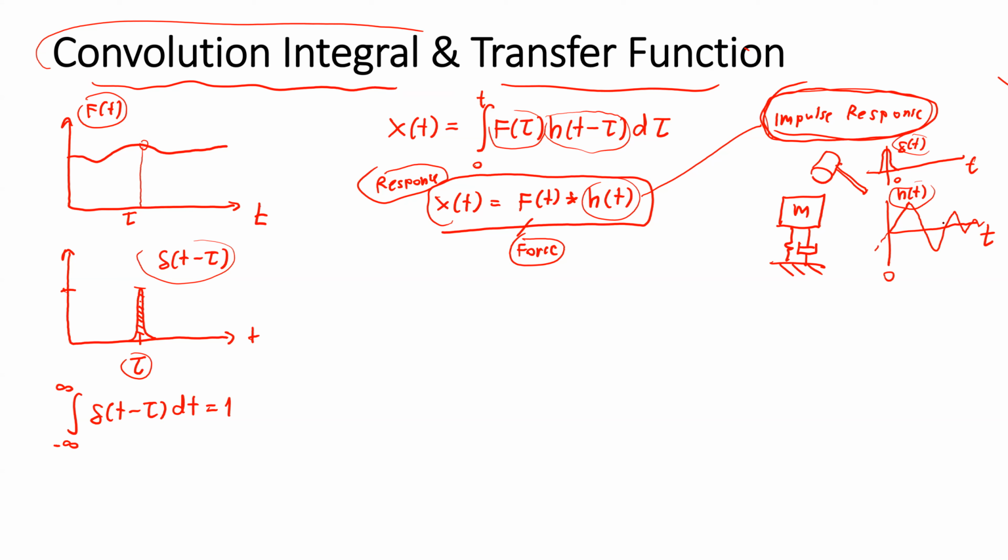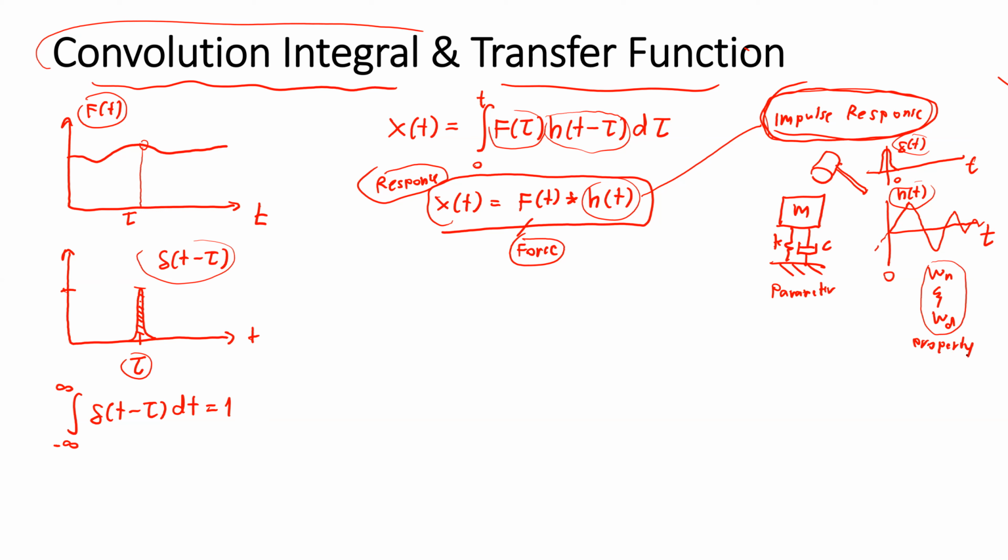The shape of the impulse response depends on natural frequency and damping ratio, and natural frequency and damping ratio depend on M, C, and K, the parameters in the system. And it is a system property.